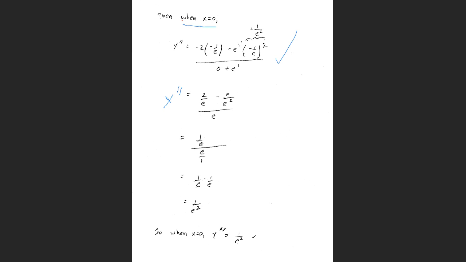We could put this answer into WebAssign, but why not simplify it a little bit? So when x equals 0, y double prime will equal 1 over e squared.